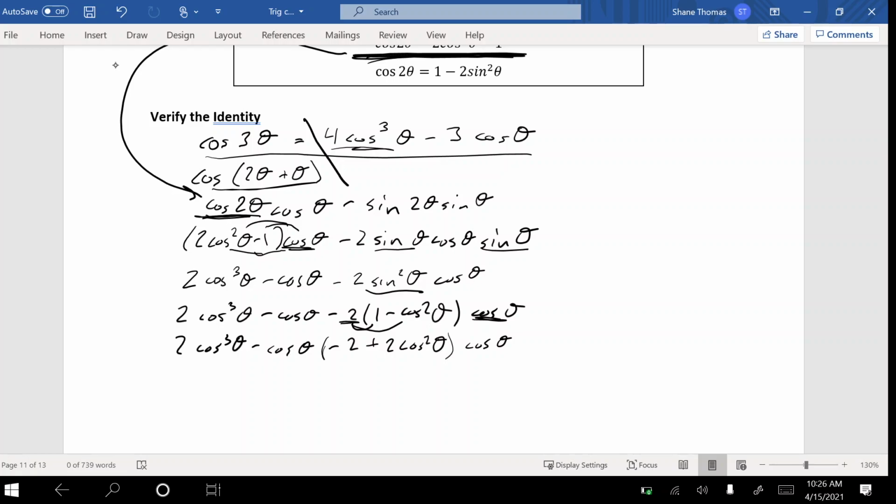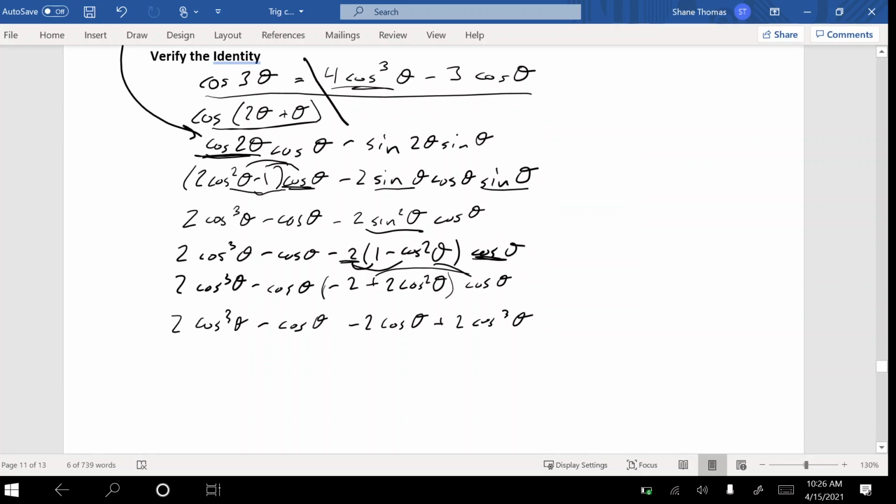So I'm going to bring this cosine out and put it with the negative 2. Cosine theta minus 2 cosine of theta plus 2 cosine cubed of theta. I didn't put that cube. I just had a square there before, so I just distributed again. My fault on the cube.